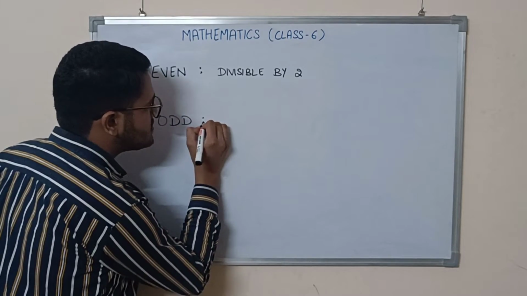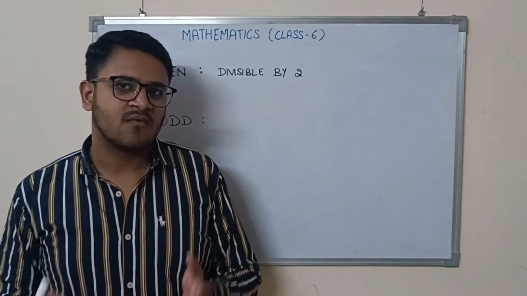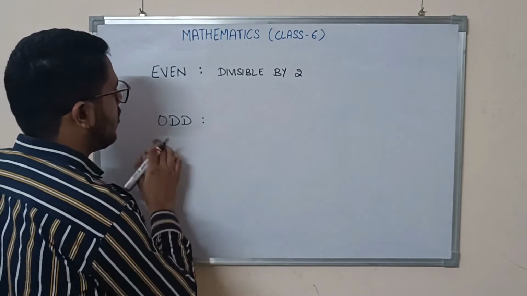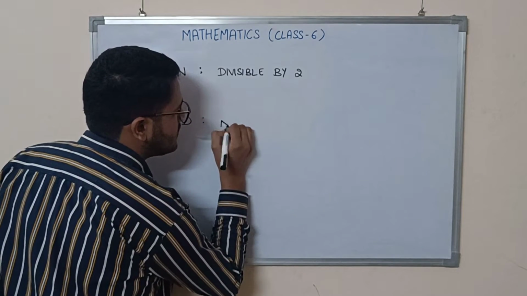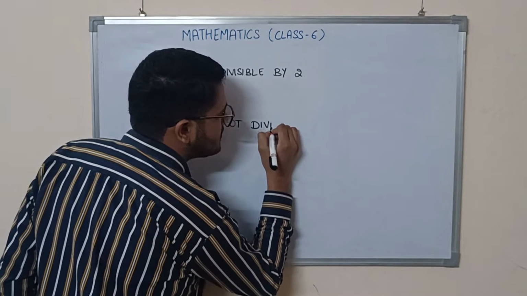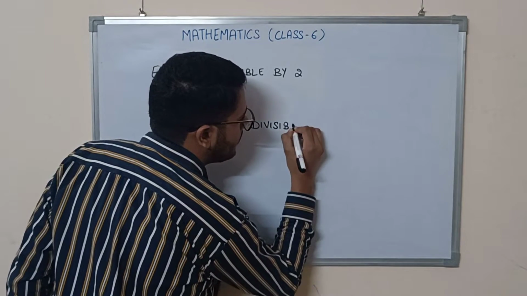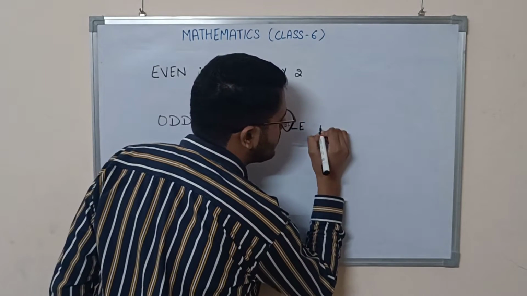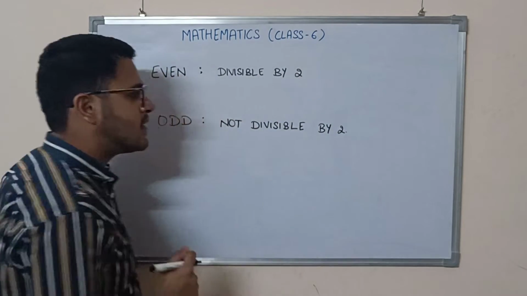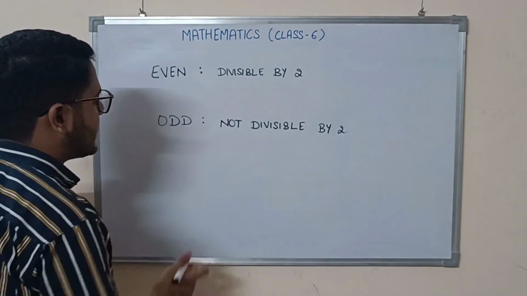And what are odd numbers? All the numbers other than even numbers are called odd numbers, or we can say the numbers which are not divisible by 2, right? Simple.